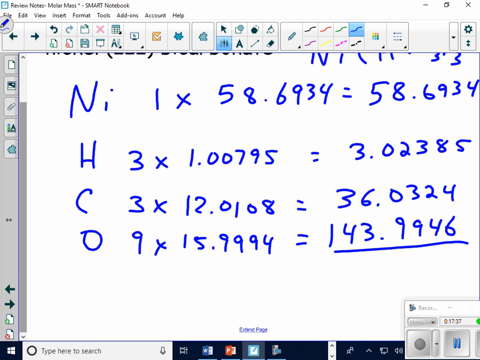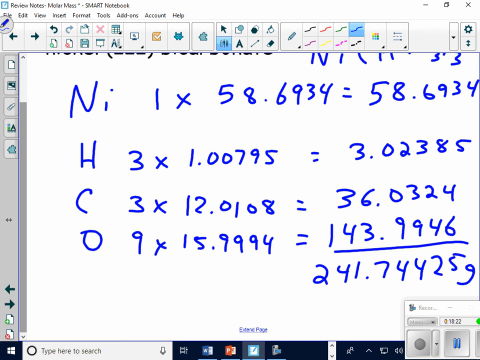As I do my math to add them together, I come up with 241.74425 grams. A big table, people agree with that? Okay.